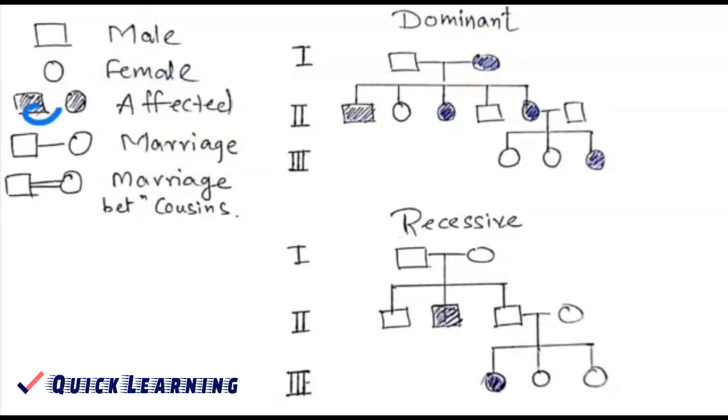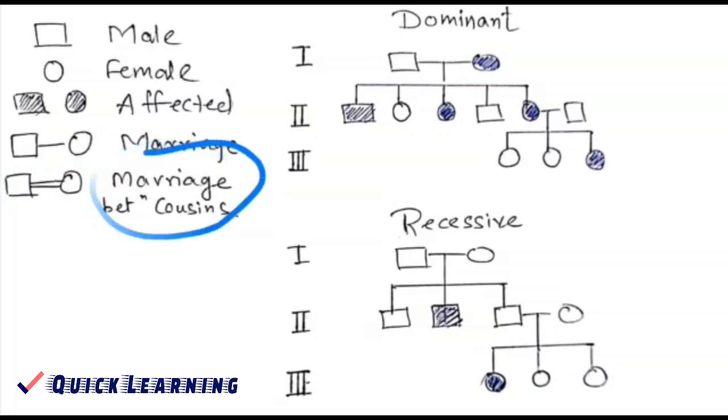If the square is filled, it shows an affected male, and if the circle is filled, it is an affected female. A line between the square and the circle shows the marriage of those two. Two lines between the square and the circle show marriage between cousins.